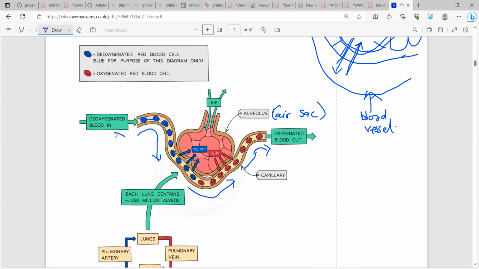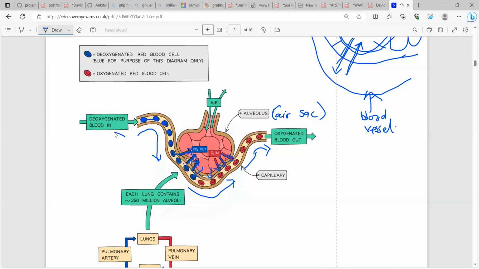Now, when we get to the air sac, gaseous exchange is going to take place and oxygen will move into these blue guys, isn't it? So that they become red. And carbon dioxide will move out of the blue guys to make room for oxygen.